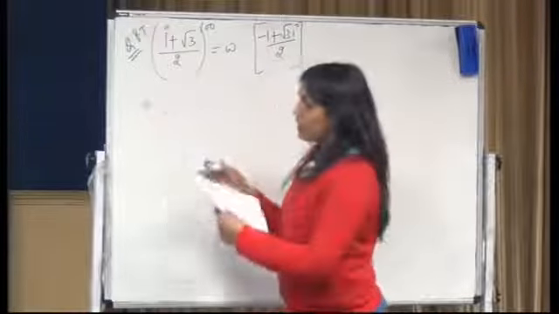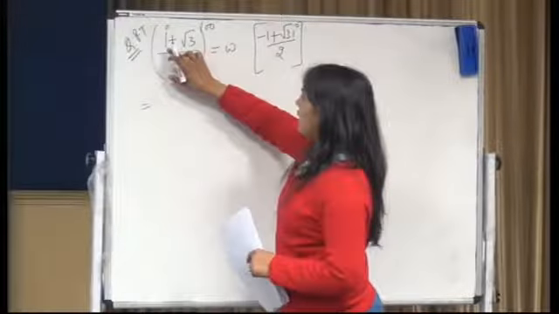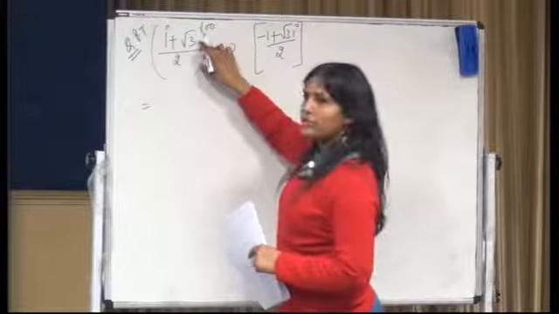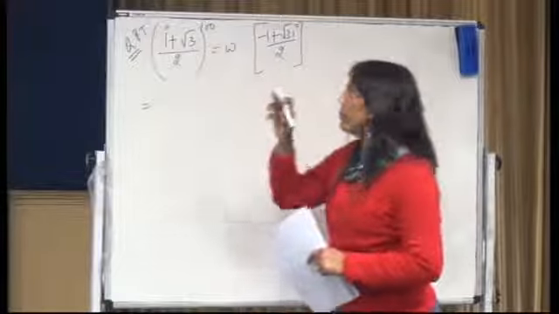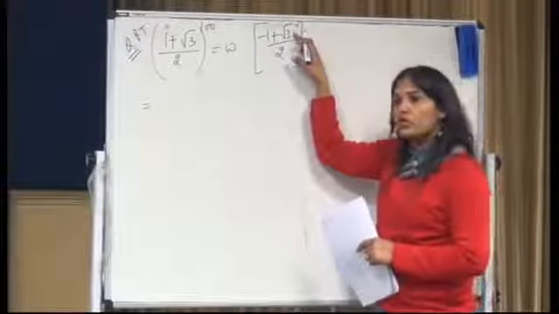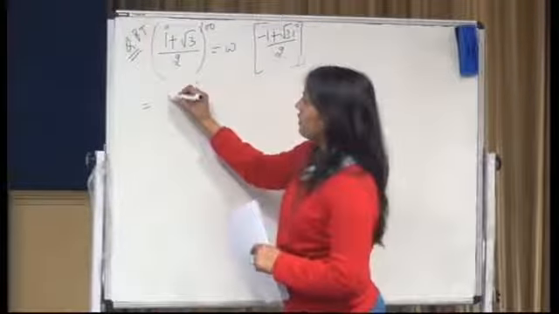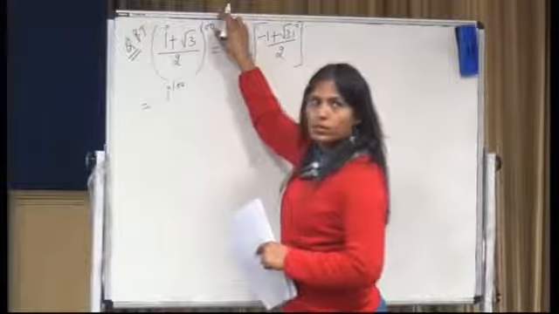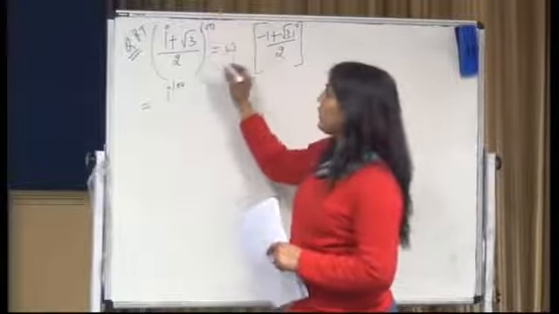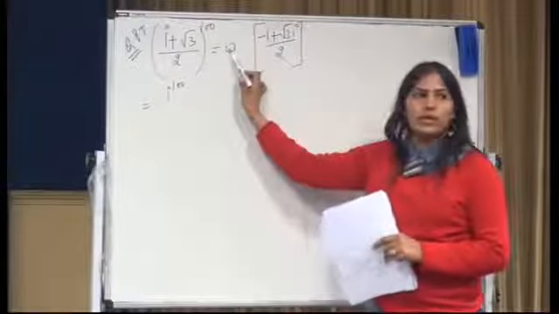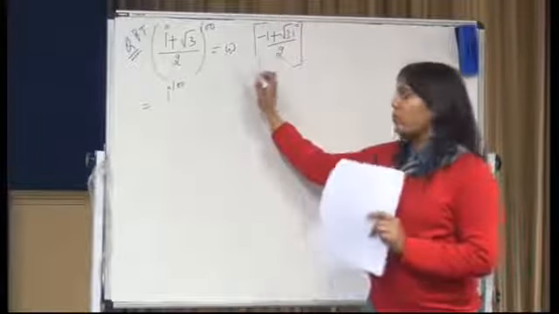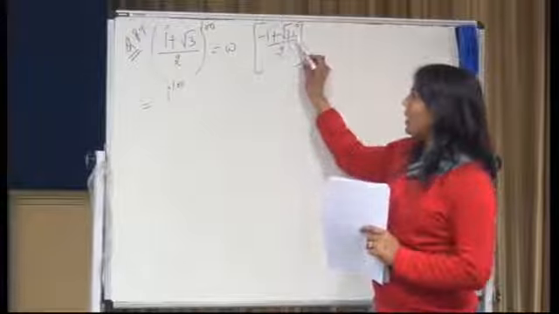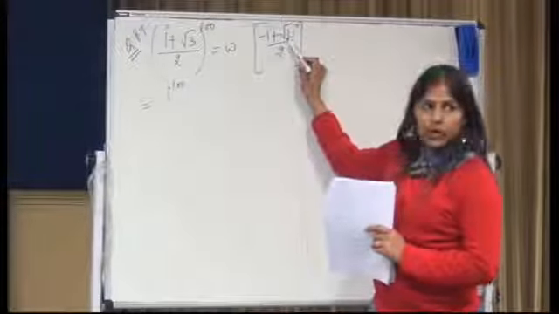The first thing is, this iota is not with under root 3, but in our problem we want it with under root 3. So it is better to take out iota common. Actually we want the answer in omega, and in omega we have an iota with under root 3.